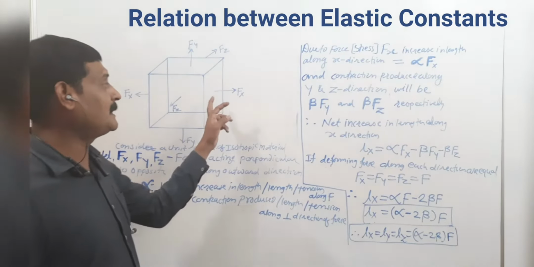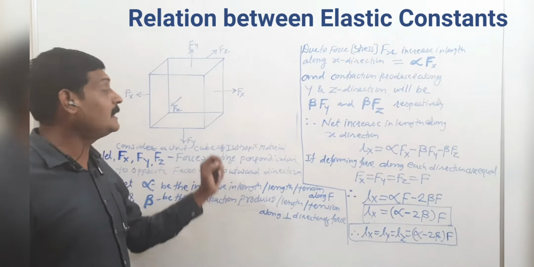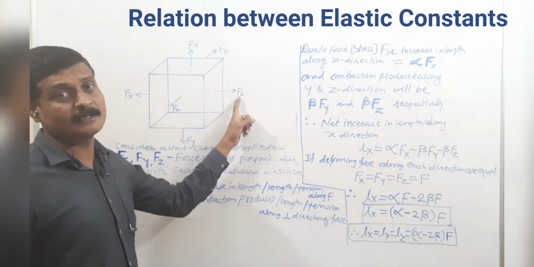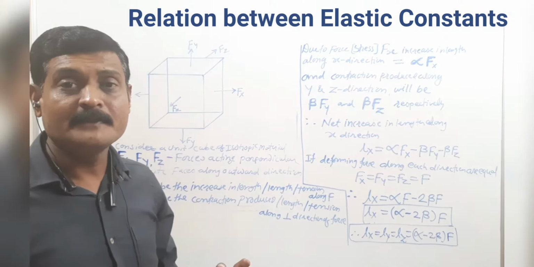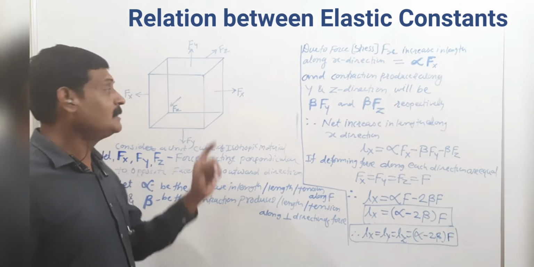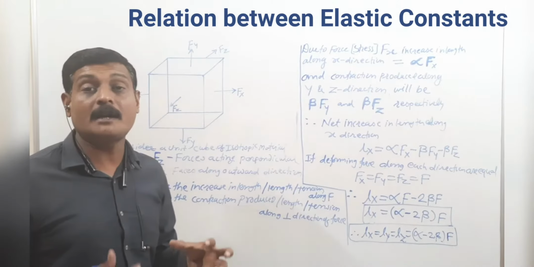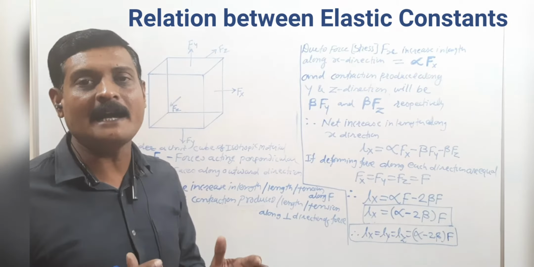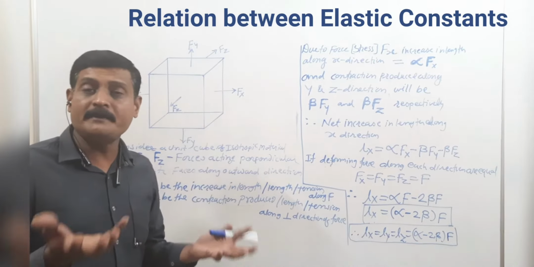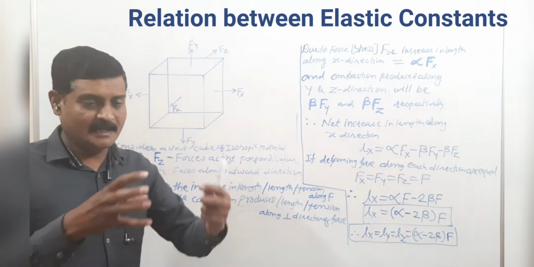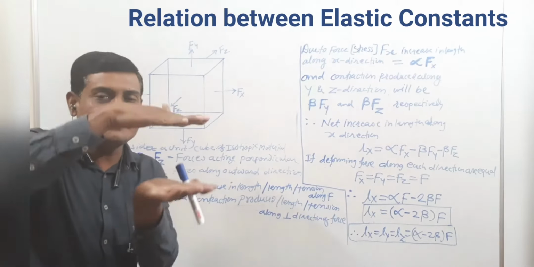Suppose we apply the force along the x-axis direction, then an increase in length takes place along the x-axis direction, but contraction is produced along the y and z directions, because the volume of the cube remains constant. As we increase the length in this direction, there is a contraction from this direction and this direction.